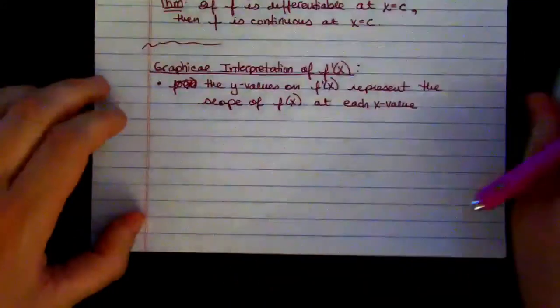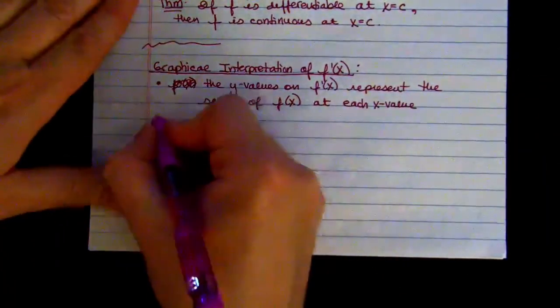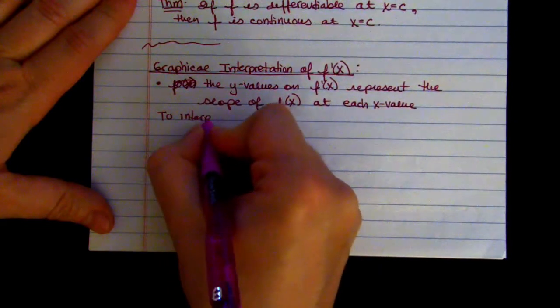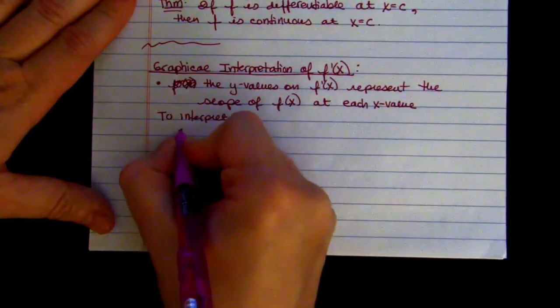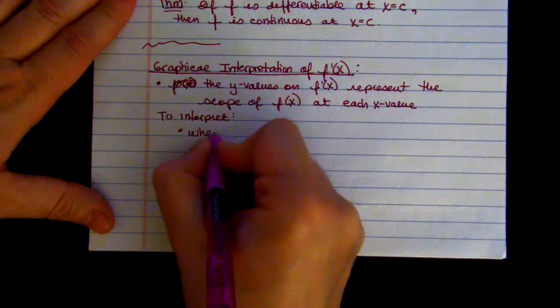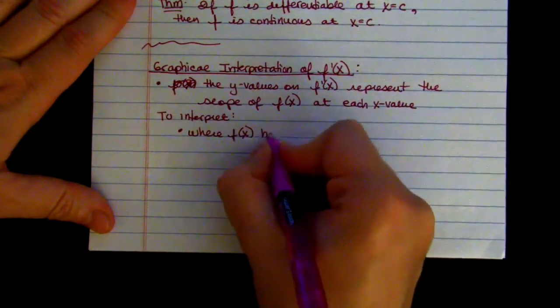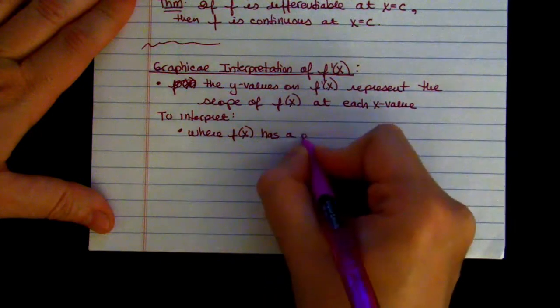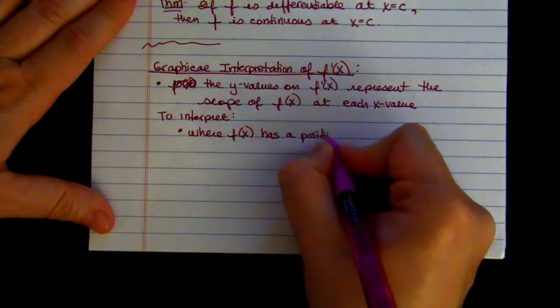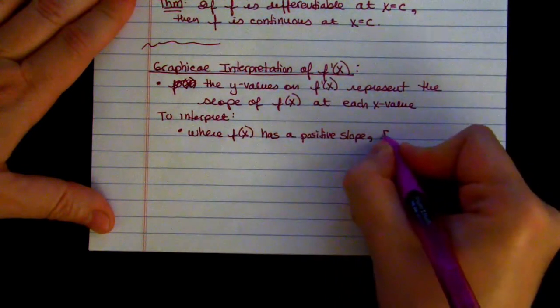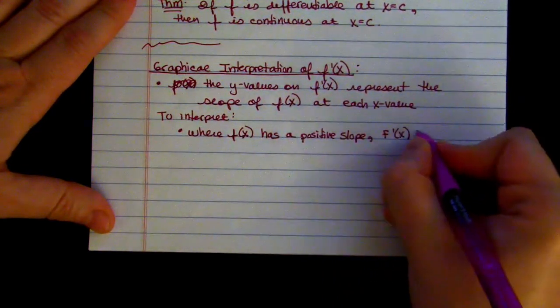I've got to tell you more to interpret this. Where f of x has a positive slope, f prime of x has positive y values.